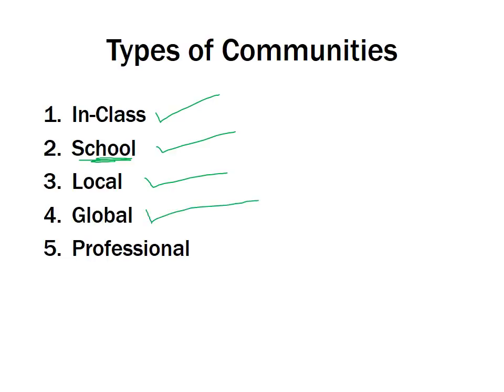And of course, nothing is isolated. All schools, all local communities are part of broader communities, whether that's a county or a region or a state or the United States or now the world.